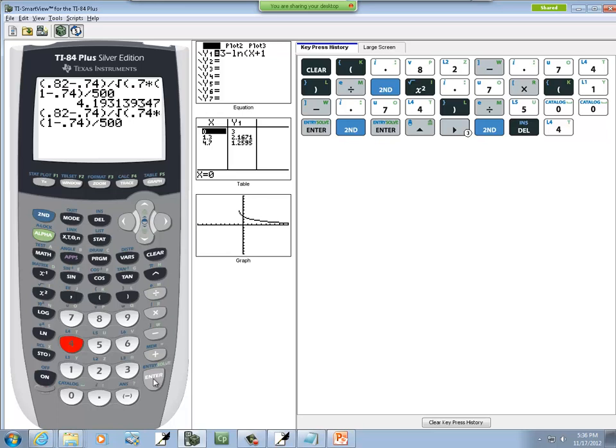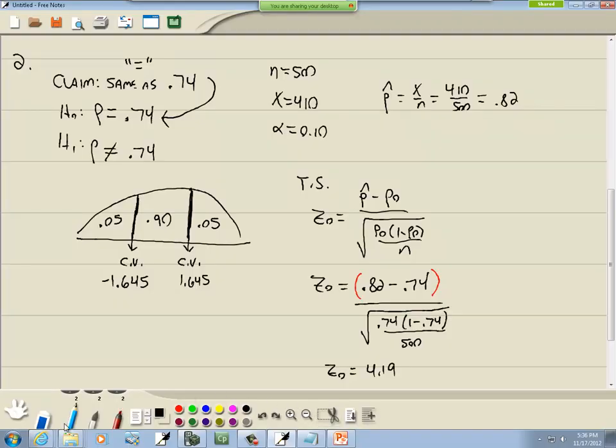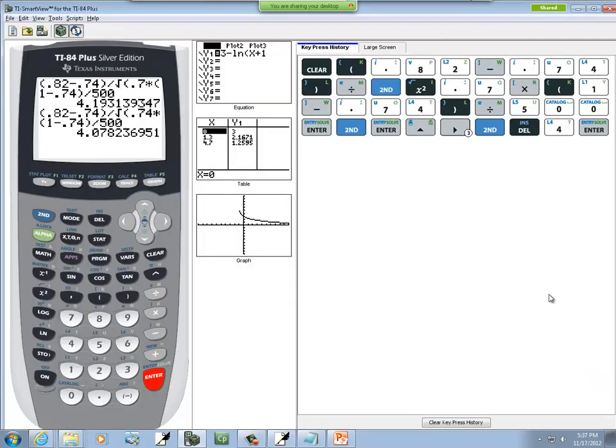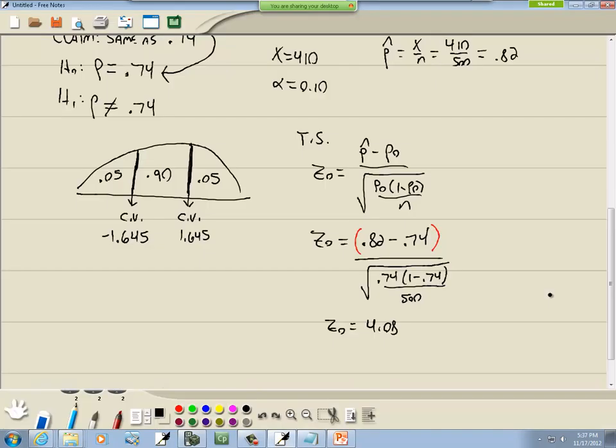Okay, now that looks good. 4.07 or 4.08. Not that it really matters, but this would have given us the same answer. But it wasn't correct. That looks better.